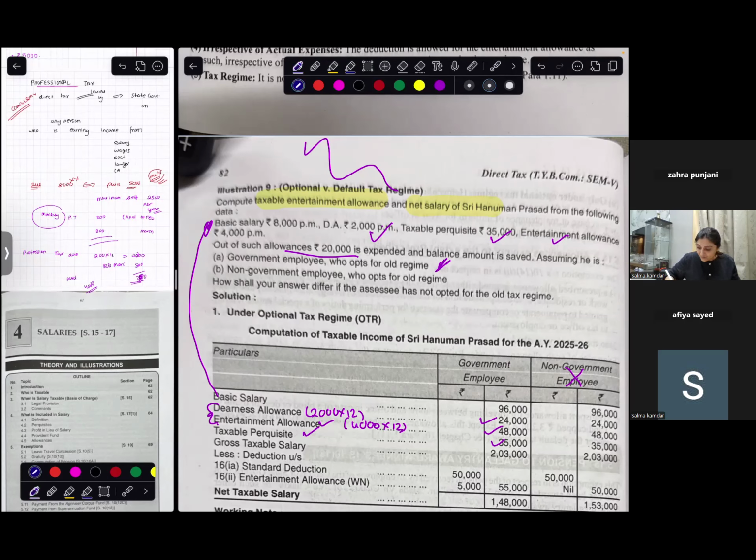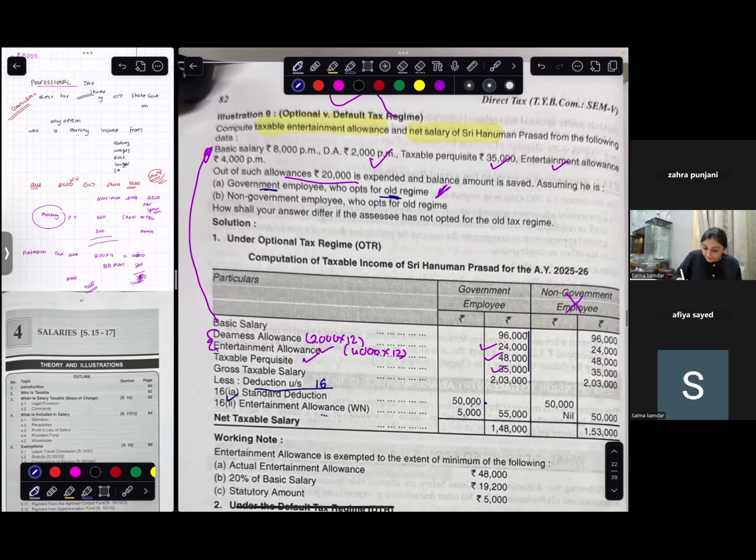So for government employee all this will be there. Gross salary less the deductions under section 16. My first deduction is standard deduction. Government employee, old regime, so first deduction is standard deduction, second deduction is entertainment allowance. So for this I'm making a working note.